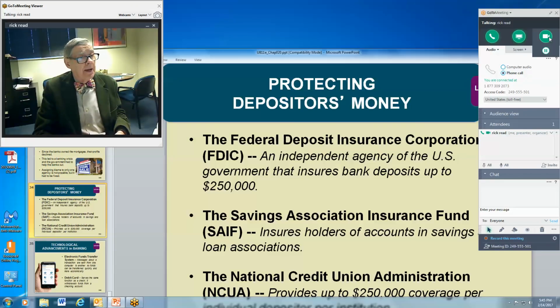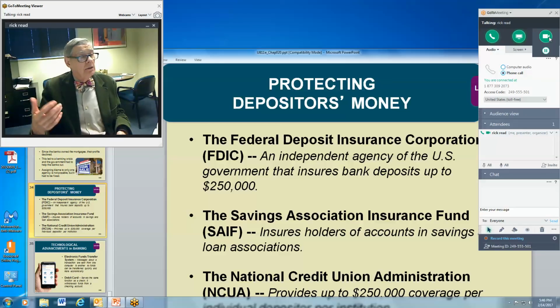This is how you as an investor in a bank, a commercial organization like the bank or commercial bank or savings and loan or credit union, have your money protected. FDIC, an independent agency of the government, insures bank deposits up to $250,000.